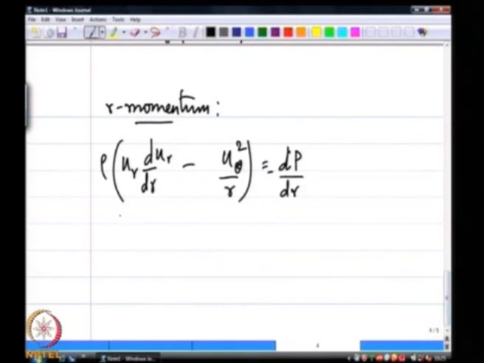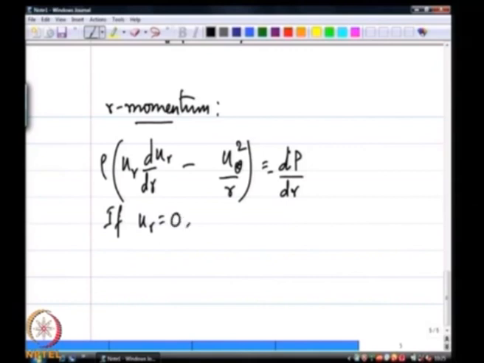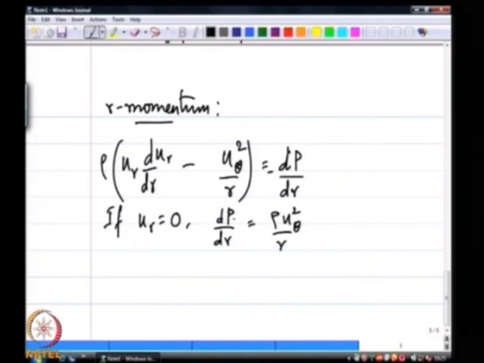So, if u r is equal to 0, then this further simplifies to dP dr is equal to rho u theta squared over r.